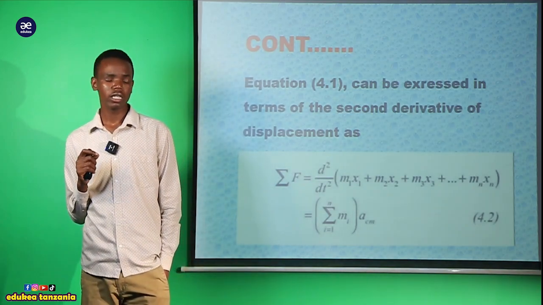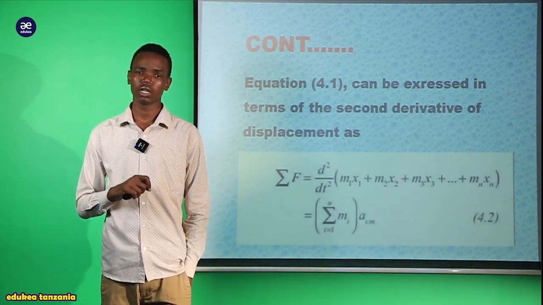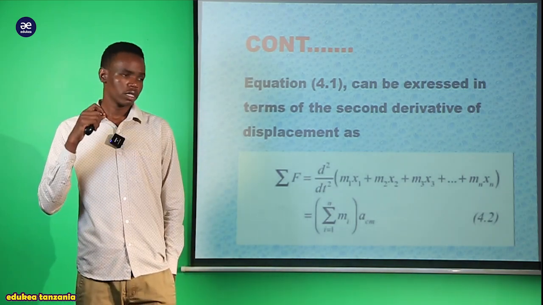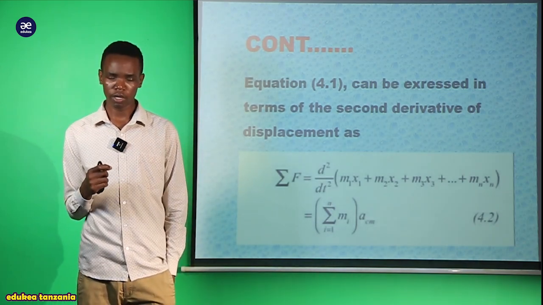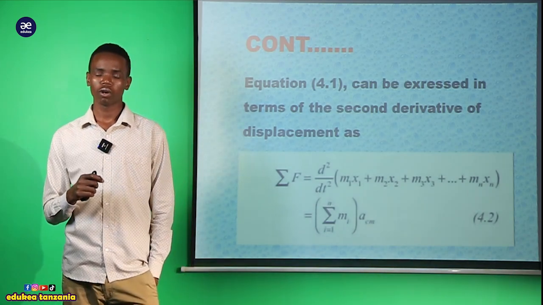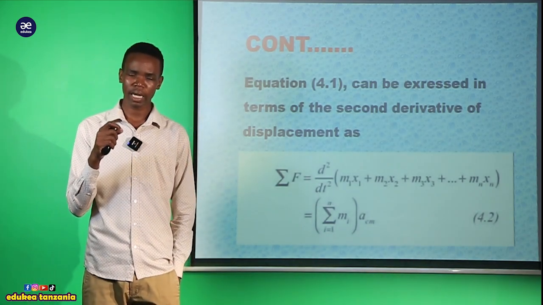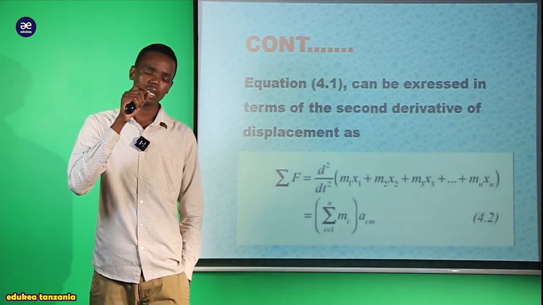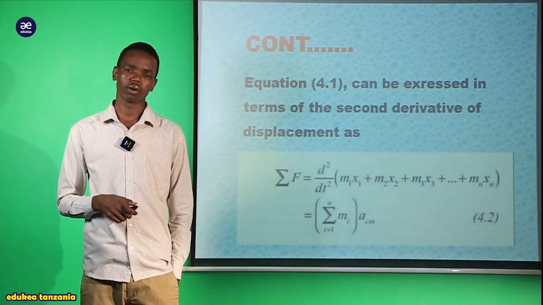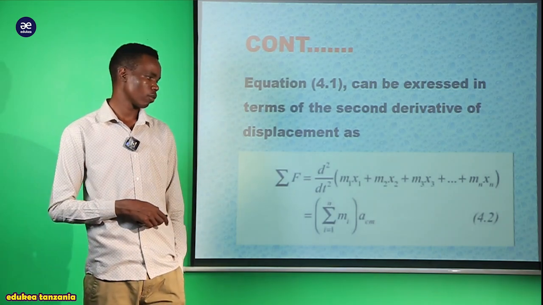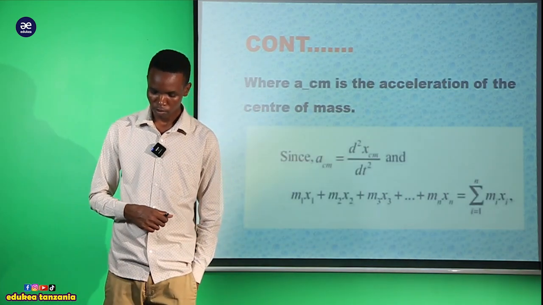Therefore, this will be the second equation of our first topic, and we could say that for the rigid body, the summation of the forces must be equal to the sum of the masses, from i equals 1 up to i equals n, times the concentrated mass at the acceleration of the center of the mass.